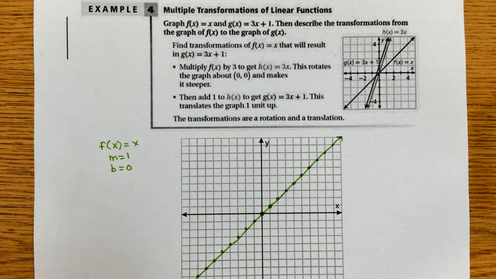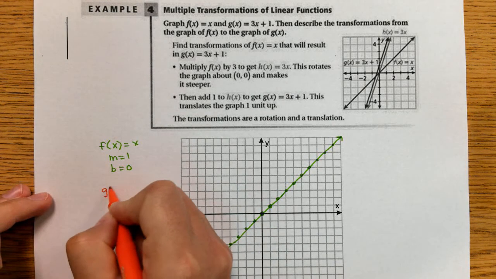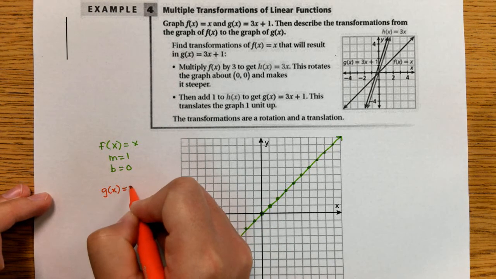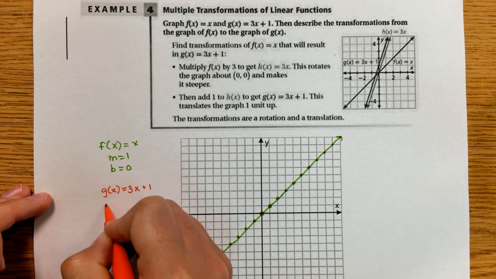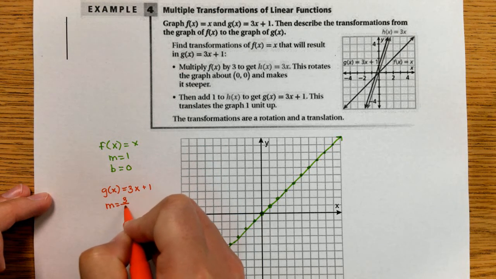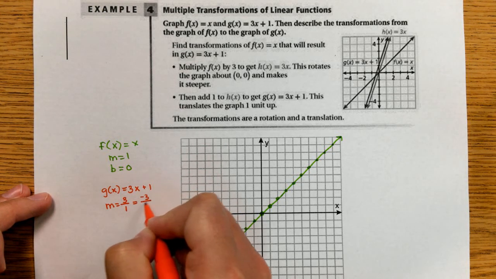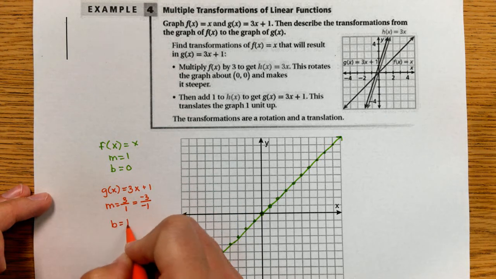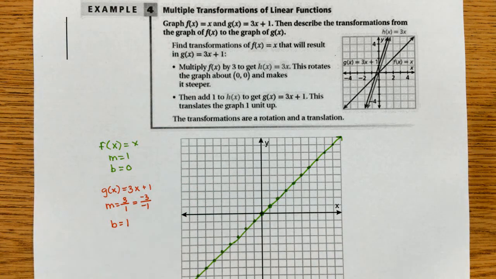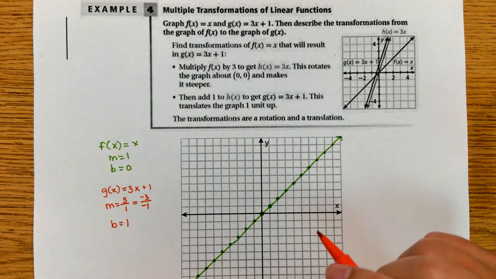Our second function here is g of x equals 3x plus 1. So our slope is 3 over 1, or negative 3 over negative 1, and our intercept is 1. Okay, so our intercept is actually changing this time.